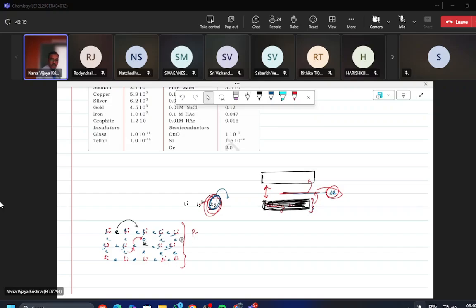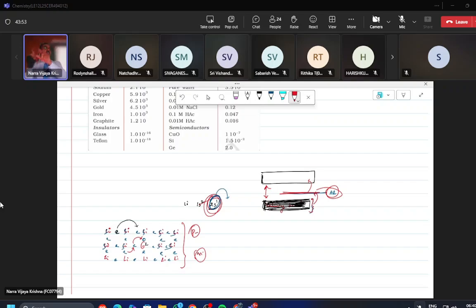Instead of aluminum, if you take nitrogen, phosphorus, and dope silicon with phosphorus, valency 5, silicon valency 4, phosphorus has one extra electron. That extra electron can move now. Then I call that a negative semiconductor, N-type semiconductor. This is a P-type semiconductor. That is called an N-type semiconductor. If a semiconductor is doped with a lower valency element, we create P-type semiconductors.